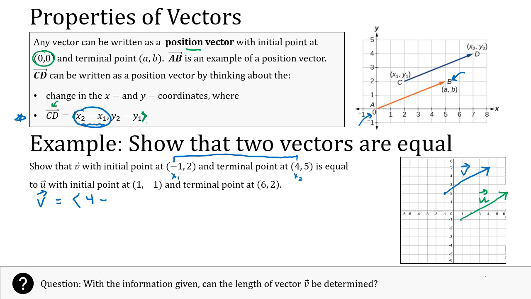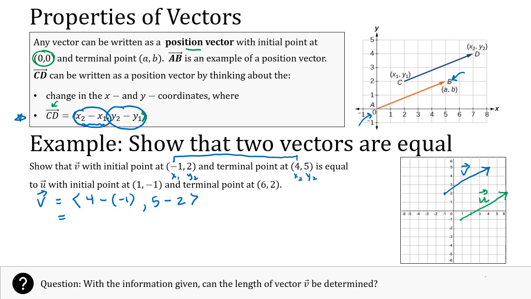So I'm going to have 4 minus -1, comma. Now I'm going to subtract the y values, and I'm going to also start with the y value of the terminal point, which is 5, and I'm going to subtract 2 from that. And I'm going to close that off with the v.